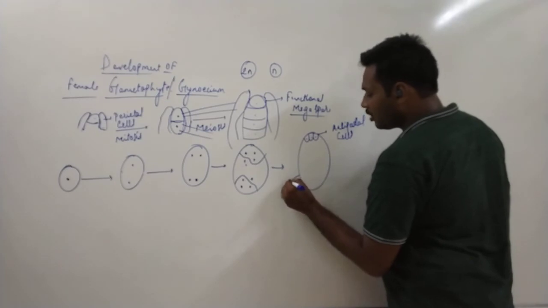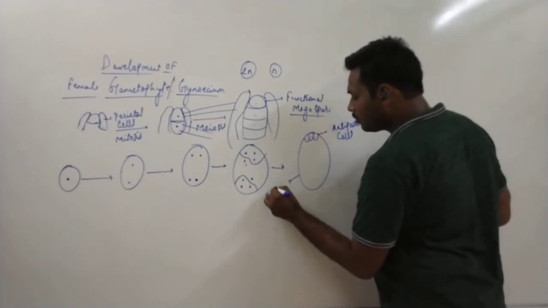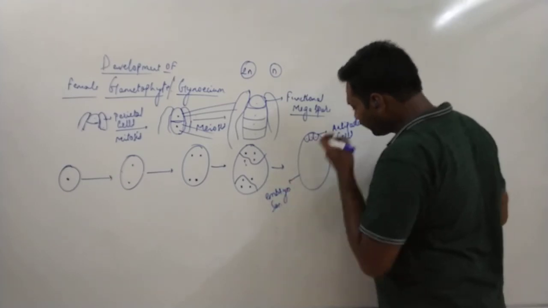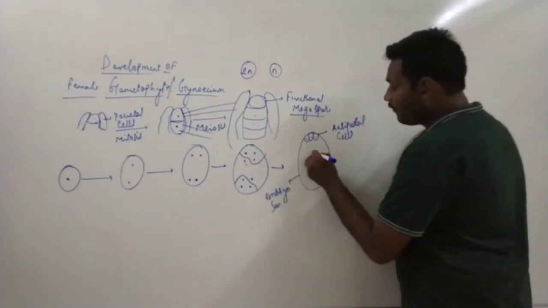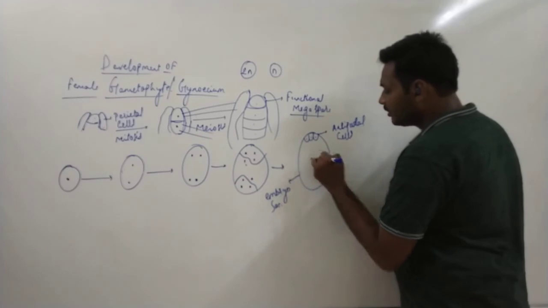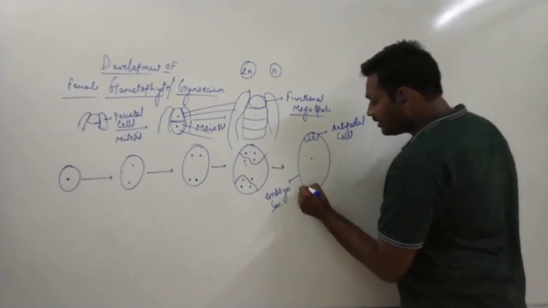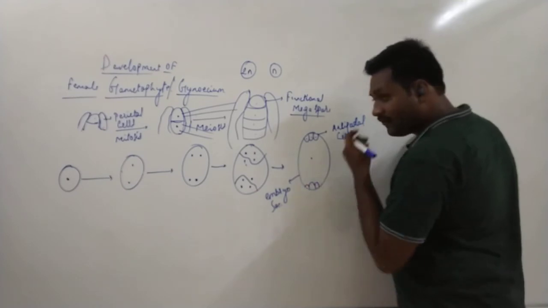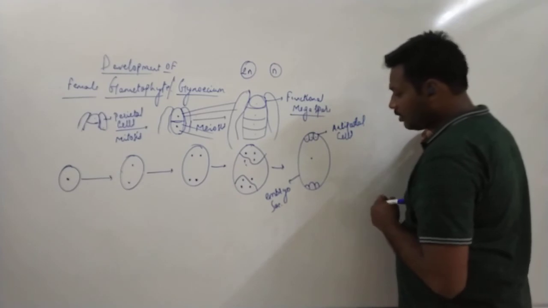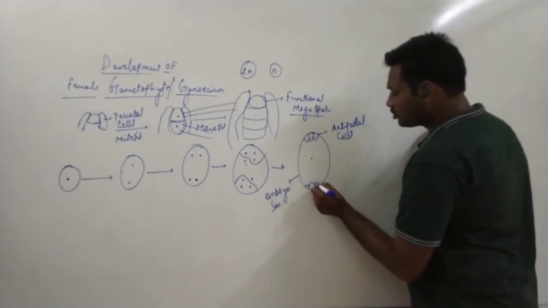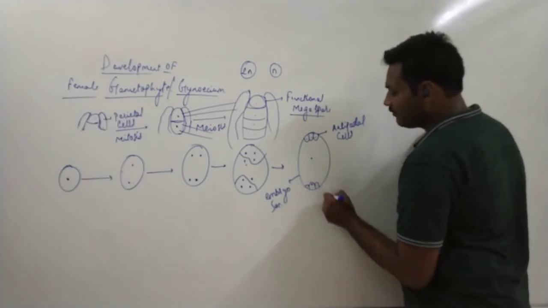This structure is called the embryo sac. One nucleus will remain at the center. The other 3 from the lower region will develop the filiform apparatus, or the egg apparatus, so there will be 2 synergid cells and 1 egg cell.